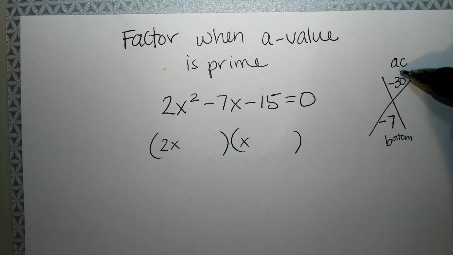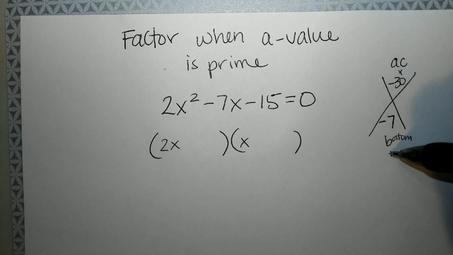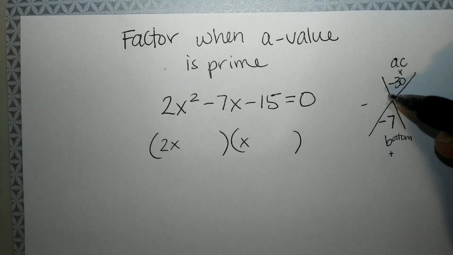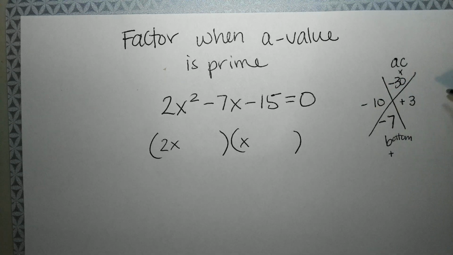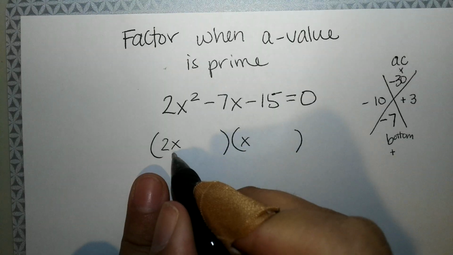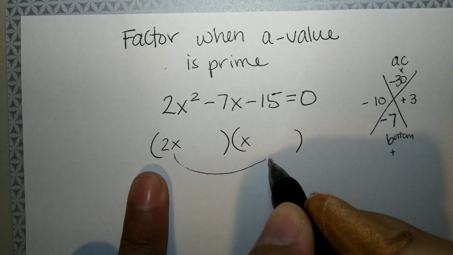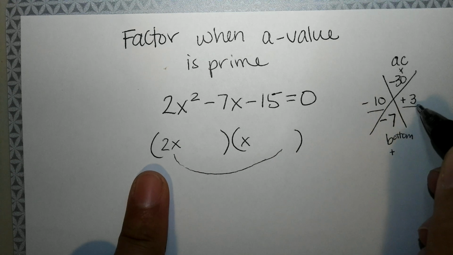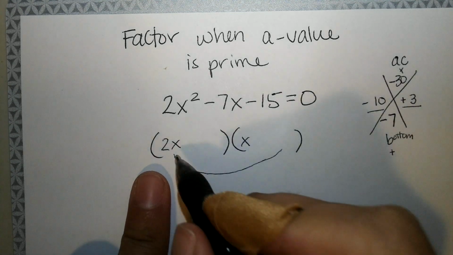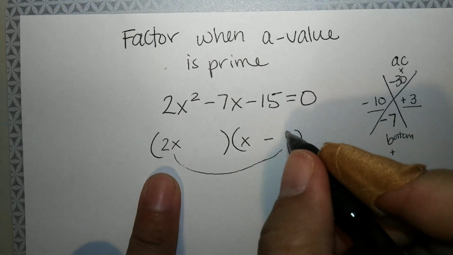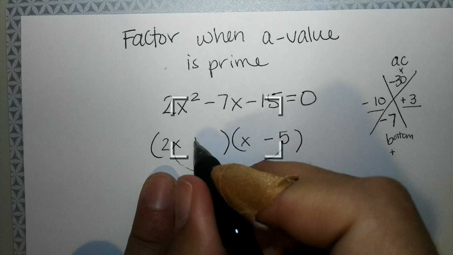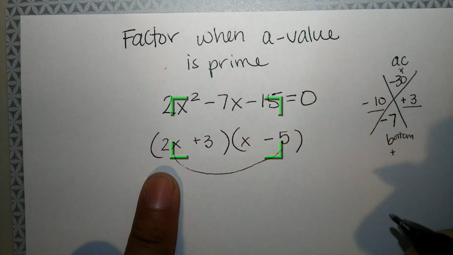Now, what two numbers multiply to negative 30 and add to negative 7? Well, a negative and a positive. 10 times 3, negative 10, positive 3. So when I'm multiplying here, 2 times something has to get me to one of these numbers. Well, 2 doesn't go into 3, so I know it has to be negative 10. 2 times negative 5 gets me to negative 10, and then I have plus 3.